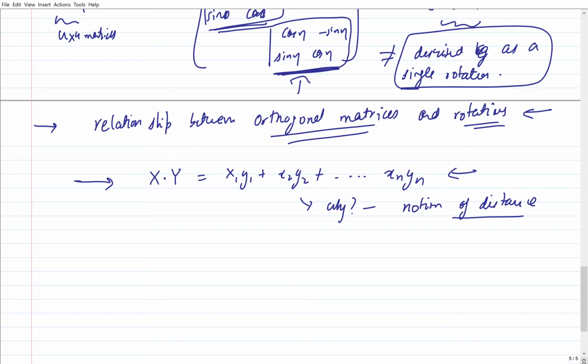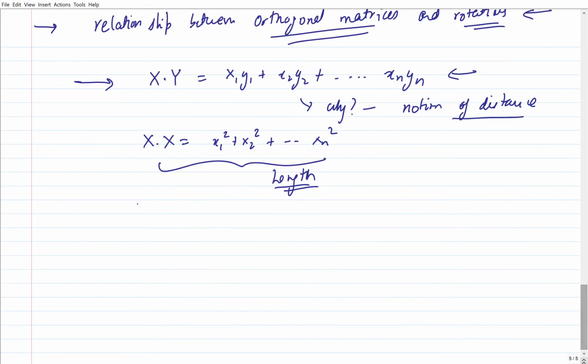How so? The main properties of the dot product are that you can have x dot x, and that is just x1 squared plus x2 squared plus ... plus xn squared. This is the notion of a length or the norm of a vector, or I should say length squared, doesn't matter.